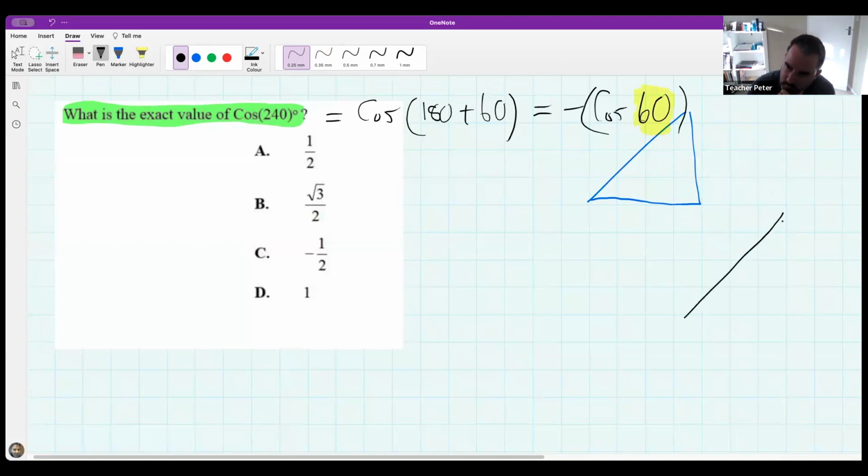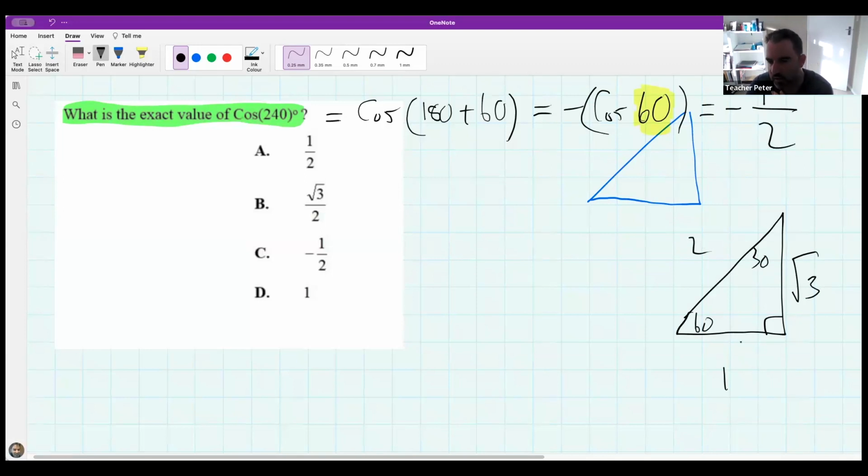So we know that 60 is a special angle. Okay. Our 60-30 triangle. So then we have 60 on the one side, 30 on the other side. And then because it's cos, the ratio is adjacent over hypotenuse. And because cos is negative in the third quadrant, then it's going to be minus 1 over 2.